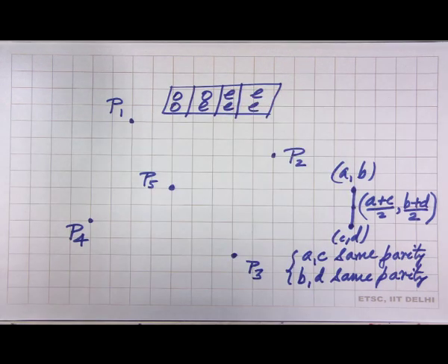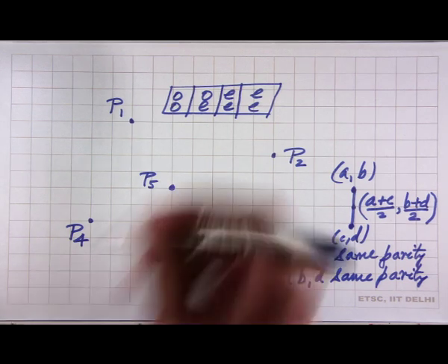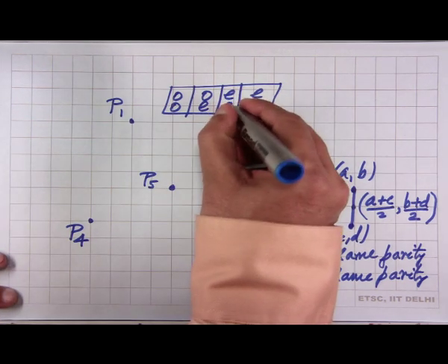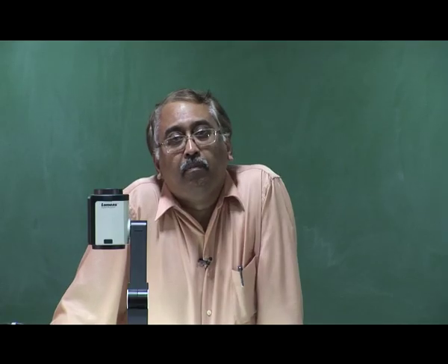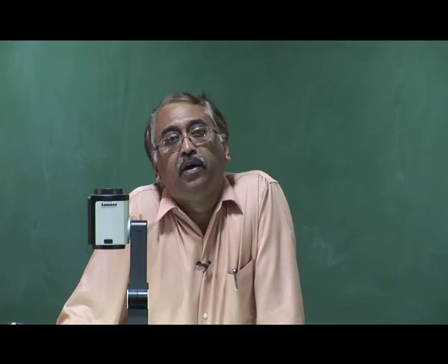The 4 letter boxes are going to be labeled in order, O and O for odd and odd, O and E for odd and even, E and O for, I think I've missed writing this. This should be even and odd, E and O. And the last one is E and E for even and even. So remember, I am putting an order in this labeling.